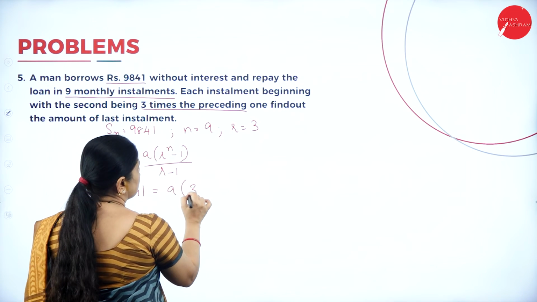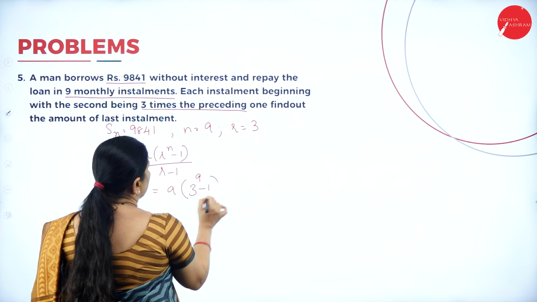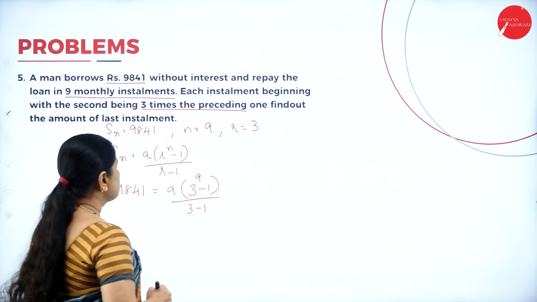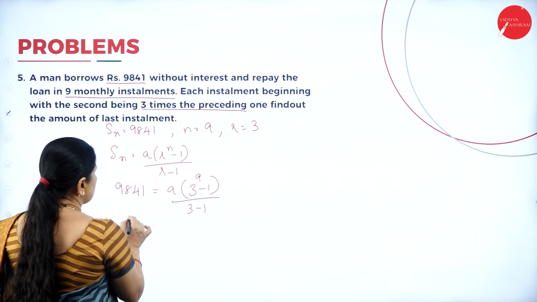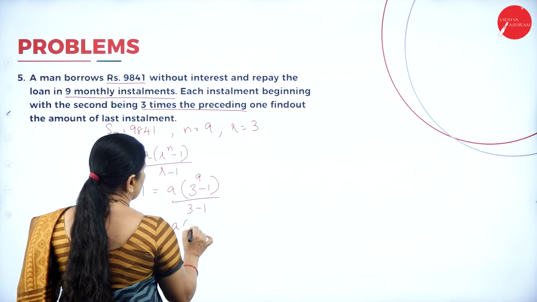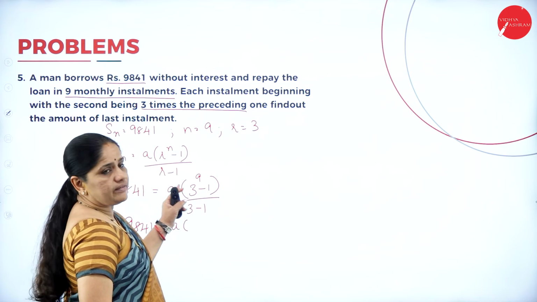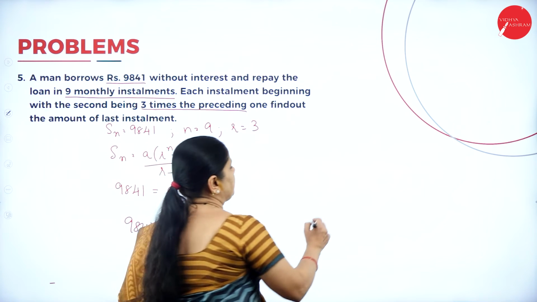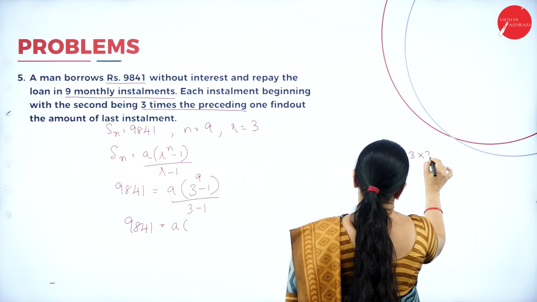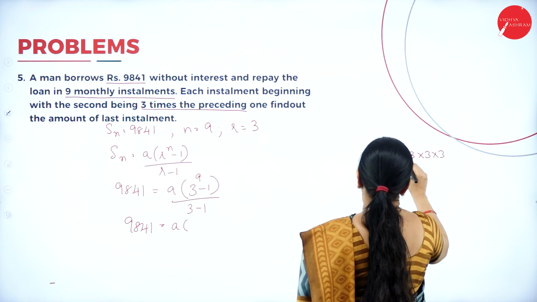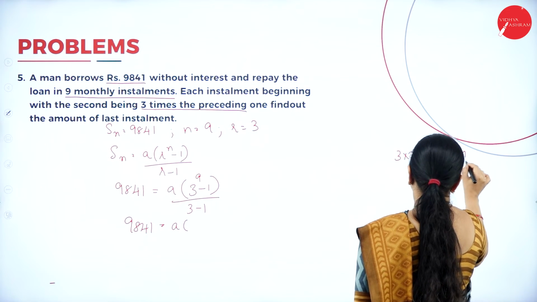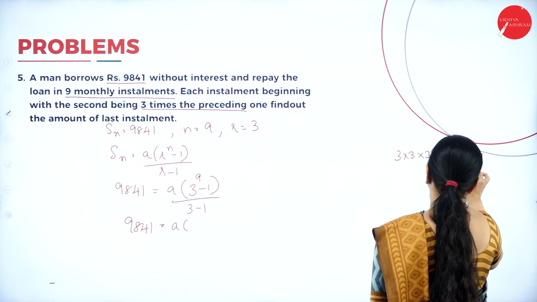So, this is 3 to the power 9 minus 1 divided by 3 minus 1. So, when we multiply 3 to the power 9, this will be 3 into 3 into 3 into 3. So, 3 3s are 9, 9 9s are 81. So, again 81 into 81.